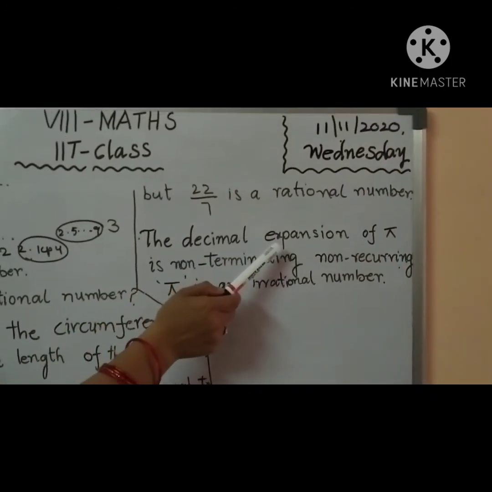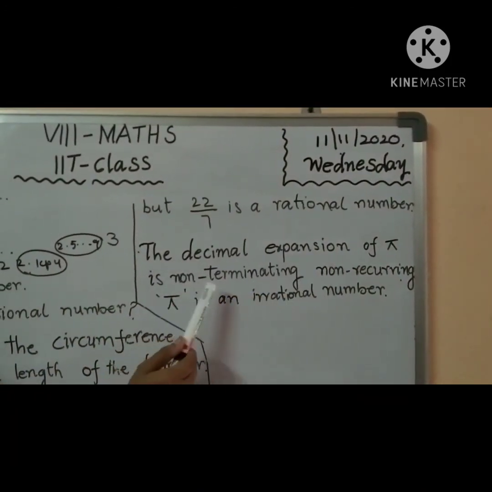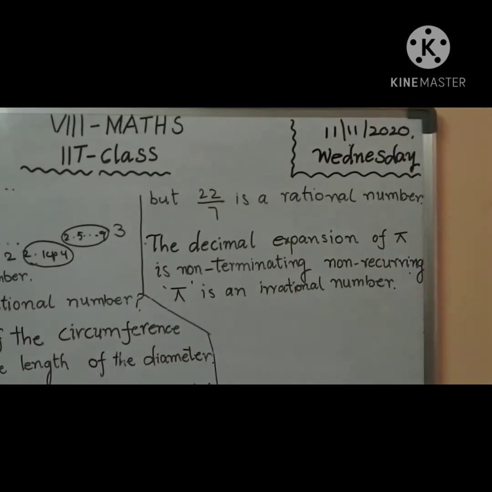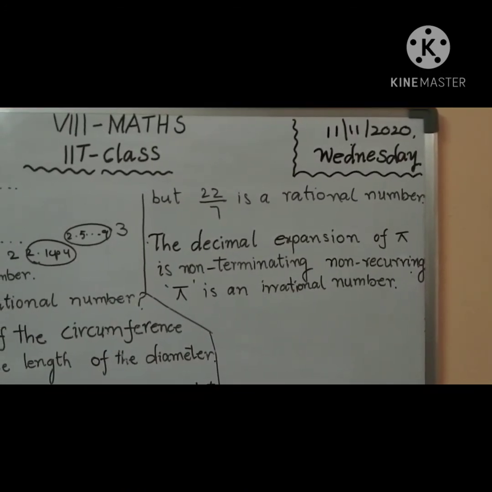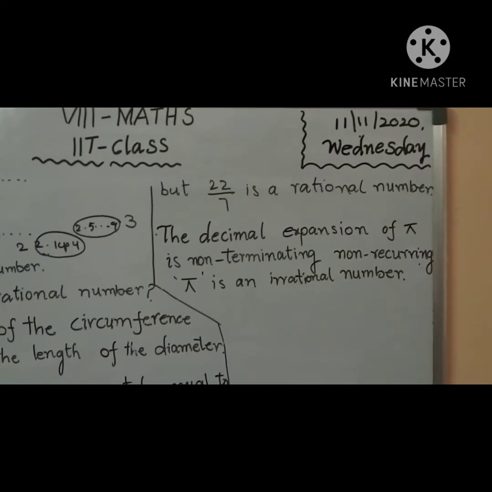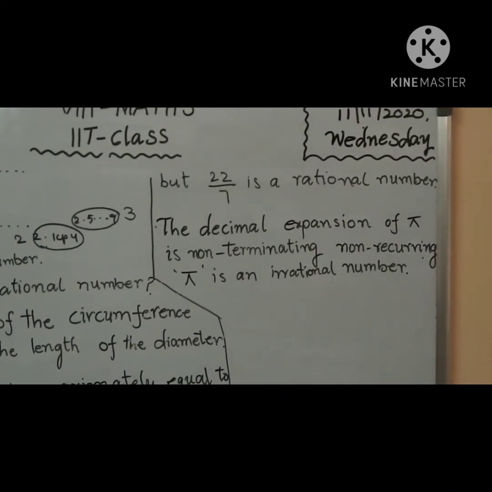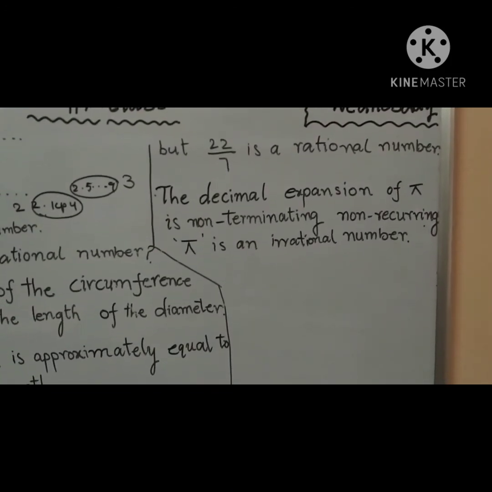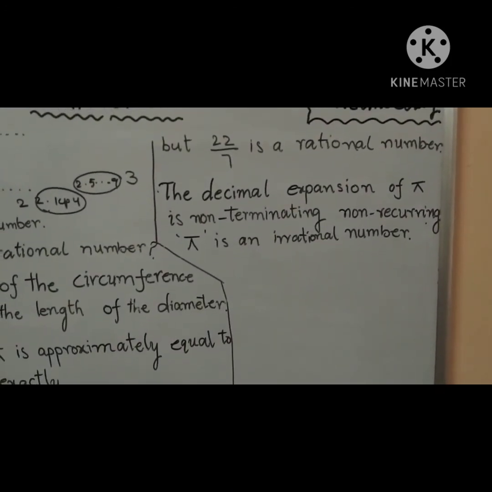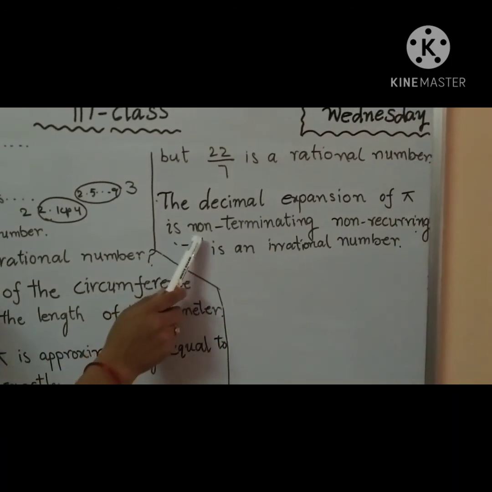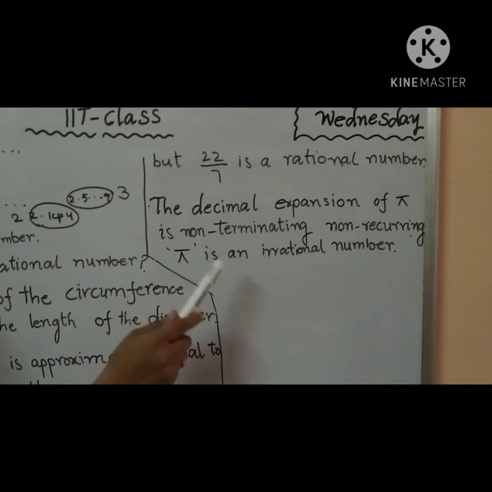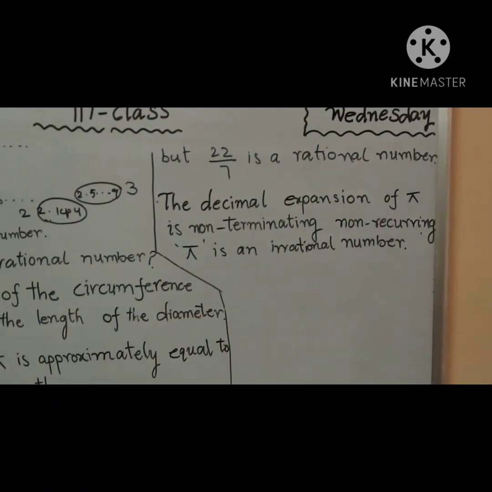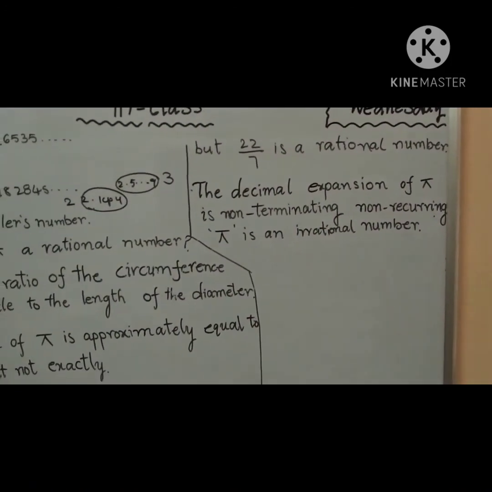Therefore the decimal expansion of pi is non-terminating and non-recurring, which means the digits after the decimal point do not repeat. Therefore pi is an irrational number.